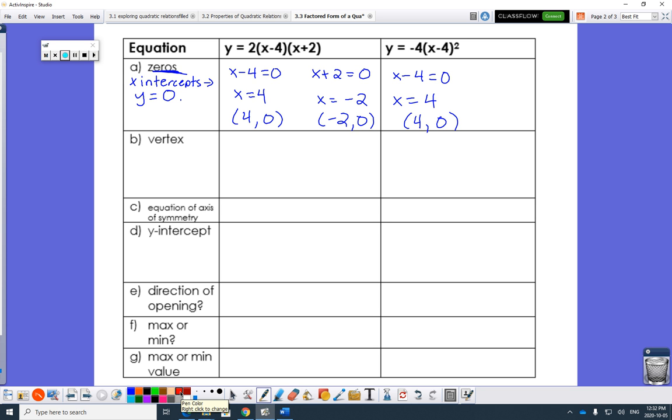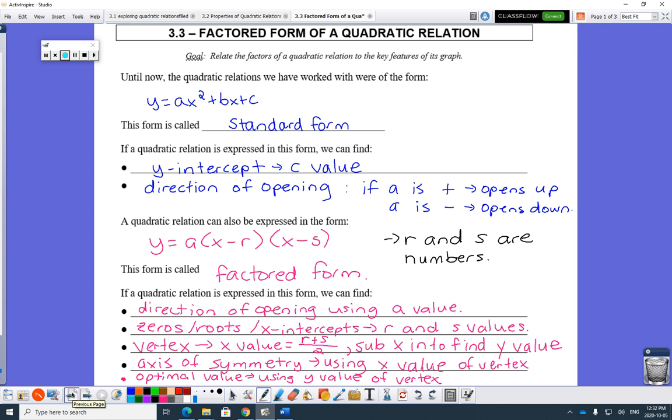Okay, so to find the vertex, I apologize, this perhaps should have been a bigger box, so that's okay. So we're going to do two things. Over here, we wrote it as r plus s divided by 2.